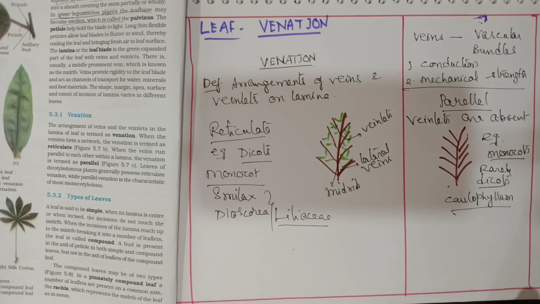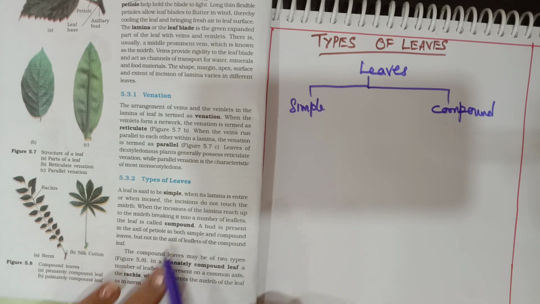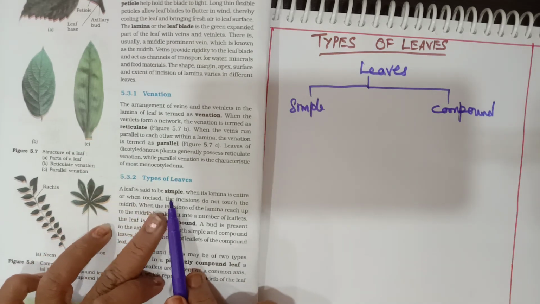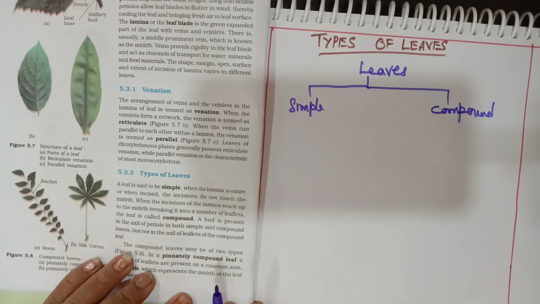Next we are going to consider the next topic, types of leaves. We have two types of leaves: simple leaves and compound leaves. Be very clear with the words given.